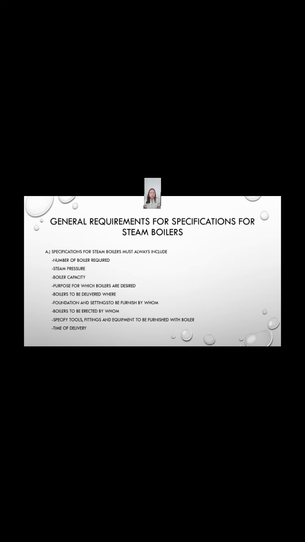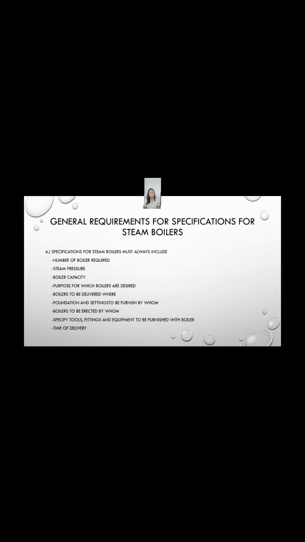It includes number of boilers required, steam pressure, boiler capacity, purpose for which boilers are desired, boilers to be delivered where, foundation and settings to be furnished by whom, boilers to be erected by whom, specify tools, fittings, and equipment to furnish with boiler, time of delivery.